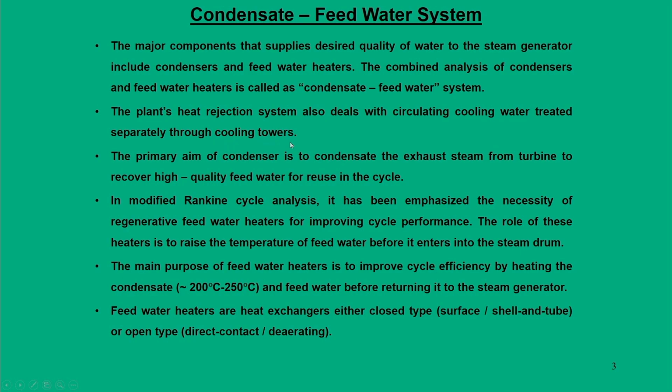The water supplied from the cooling tower is also part of this feed water system. But the role of the condenser is only to condense the exhaust steam from the turbines, and it should recover high quality feed water to be reused in the cycle.